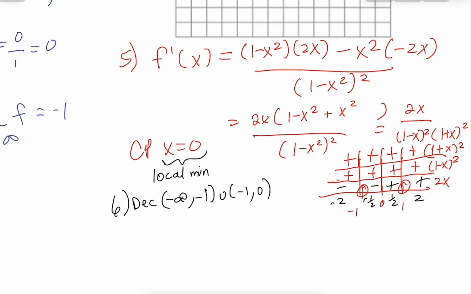So there are 4 pieces to this graph. And then it's increasing at all the positive ones. From 0 to 1, skip across that asymptote, and then go from 1 to infinity. And then we have a local min at 0.